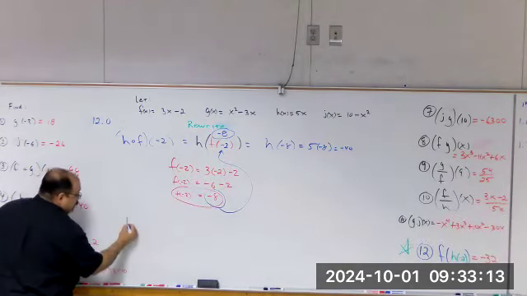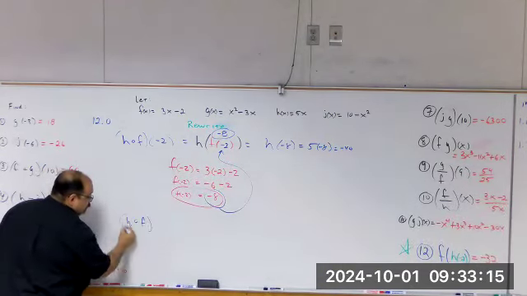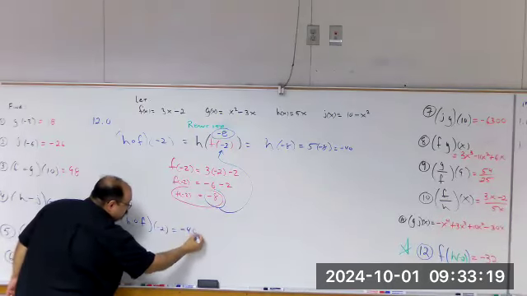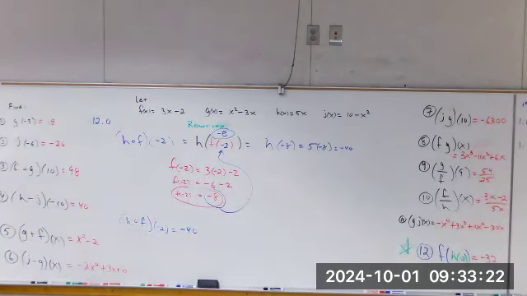So this H circle F of -2 will equal -40. You gotta plug the inner function, figure it out, and then you take that answer and plug it into the outer function.